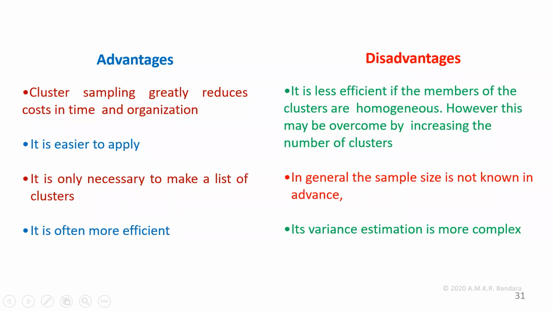Our selected farmer organizations and their farmers have cultivated the same paddy variety, then there will not be variability. So if we selected such farmer organizations, then our estimate will be biased. So if within a farmer organization those have cultivated several paddy varieties, then selecting a cluster sample is efficient.